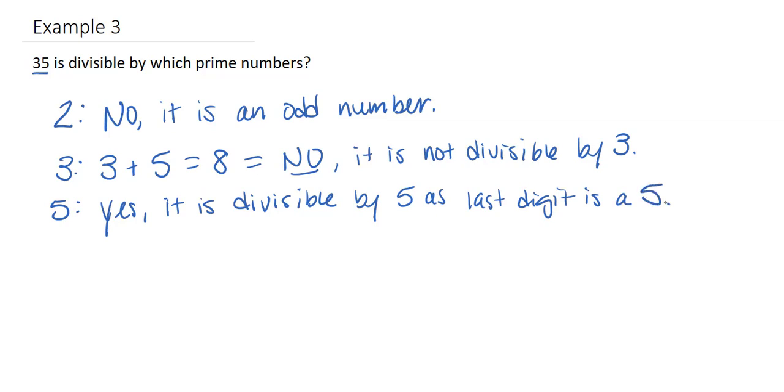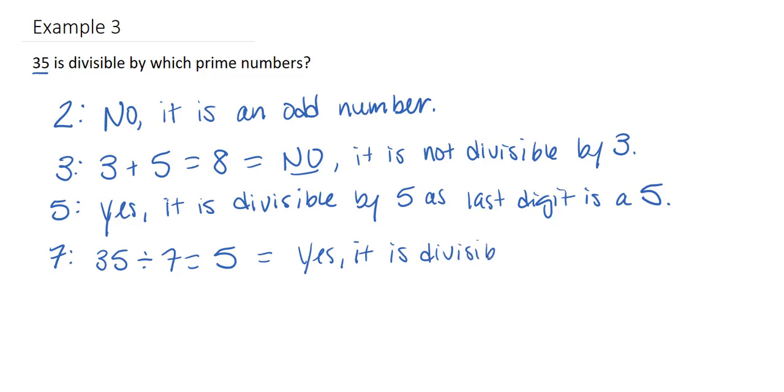Then we look at the next prime numbers. So we look at 7. If we look at 35, we have to use either long division, or we can know that 35 divided by 7 is equal to 5. So the answer is yes, it is divisible by 7.